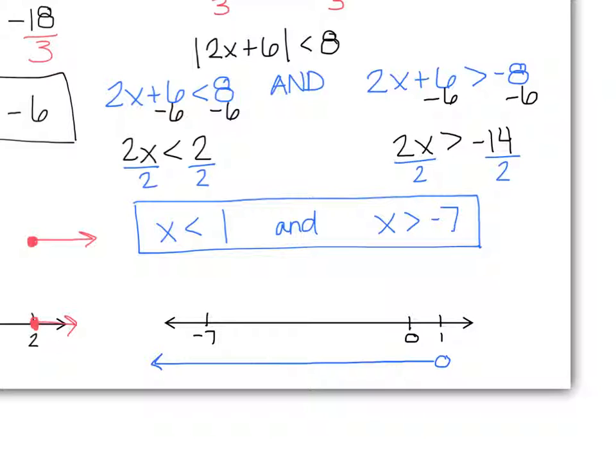Okay, at negative 7, open or closed? Right or left? Right. It's and. What are we looking for? The overlap. So we just need this part. It does not include negative 7, so we're open there. It does not include 1, so we're open there. And then we color in between.